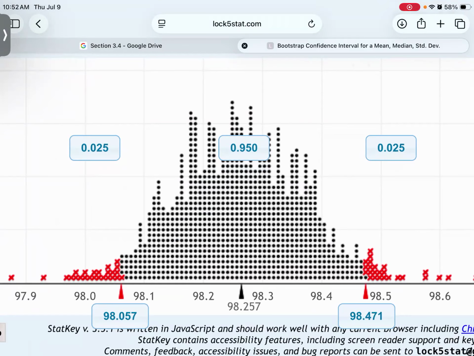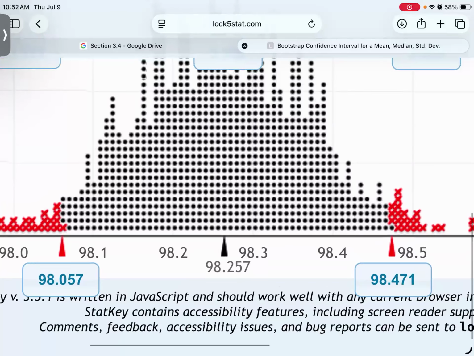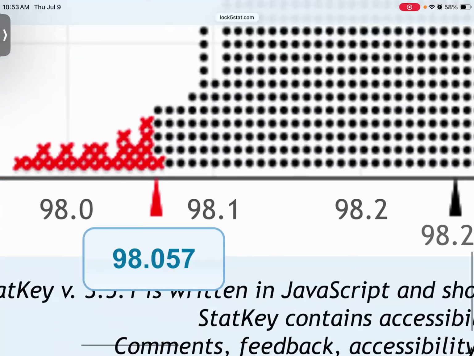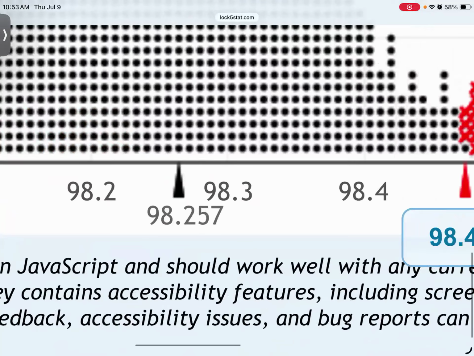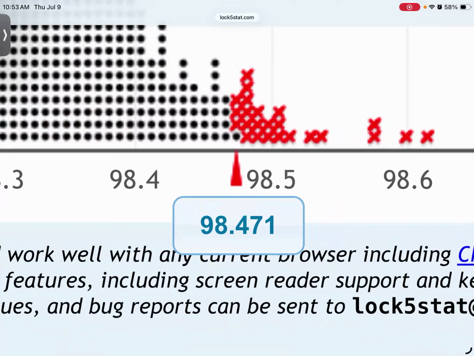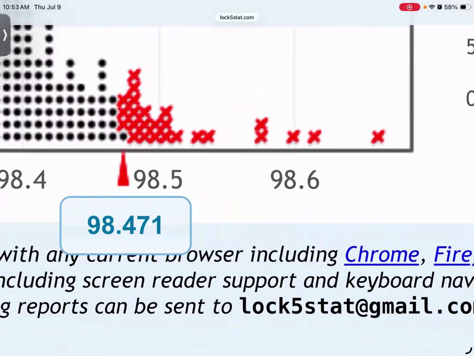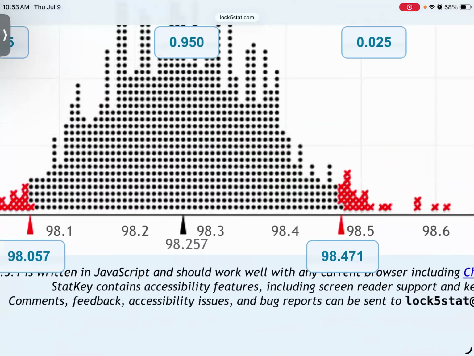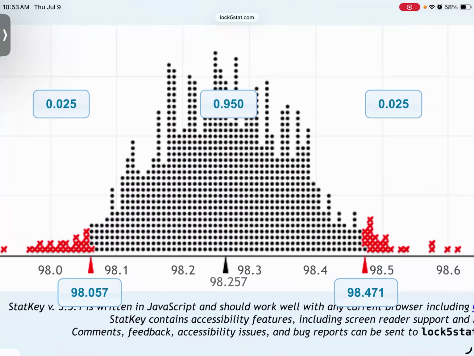And down at the bottom, you can see the estimate that the normal body temperature maybe is as low as 98.057, or maybe as high as 98.471. But look who's on the outside. There's 98.6 over there where I've got my little red X's as being something that's not plausible, which is very interesting.